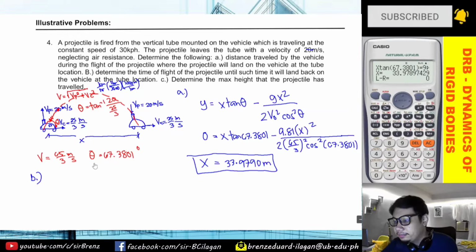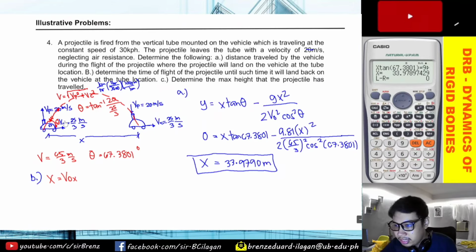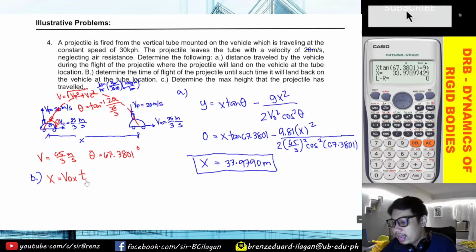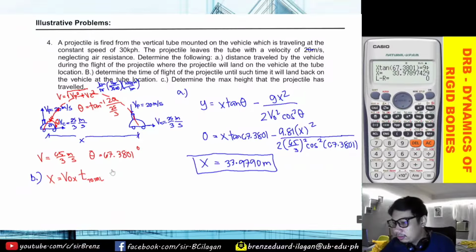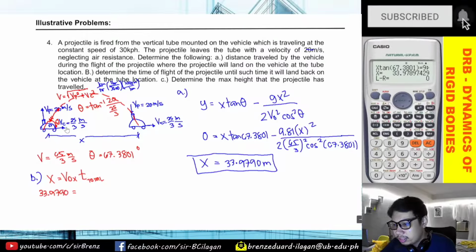So in that case, x is equal to Vox, or for this example the velocity of C, times the time. This is the total time of the projectile. We computed this earlier: 33.9790 equals the velocity of C, 25 over 3, multiplied by the total time.